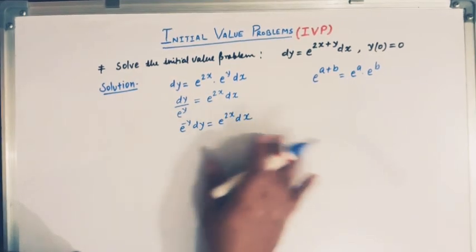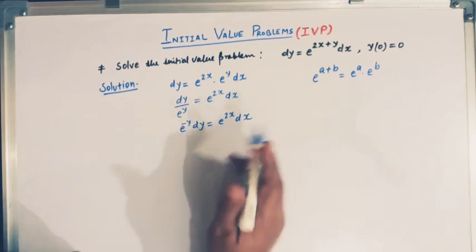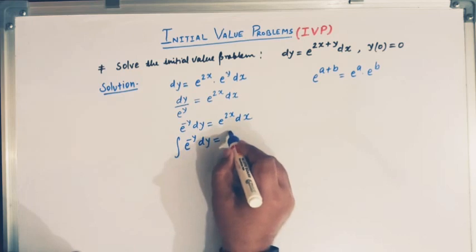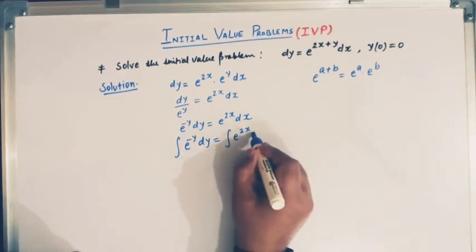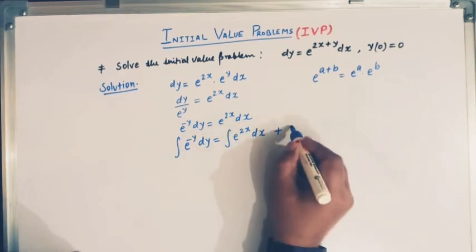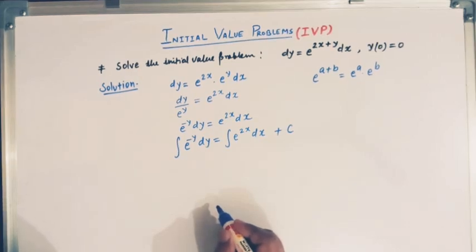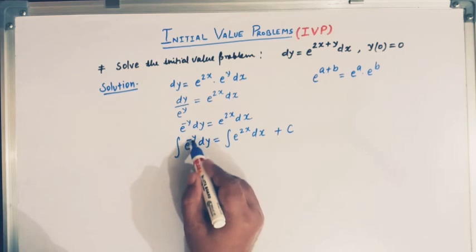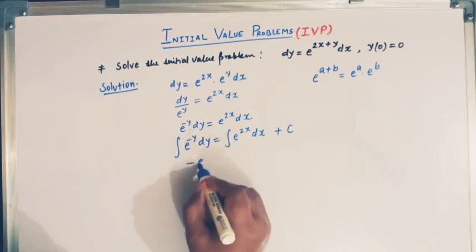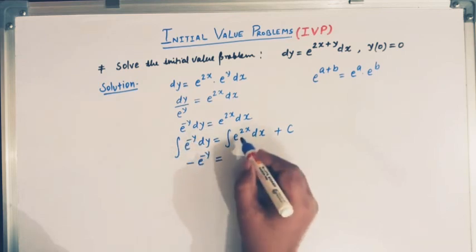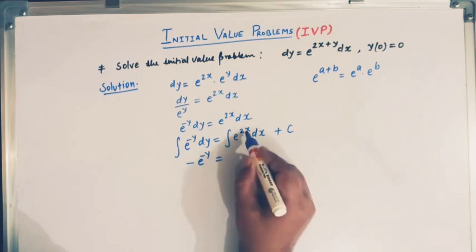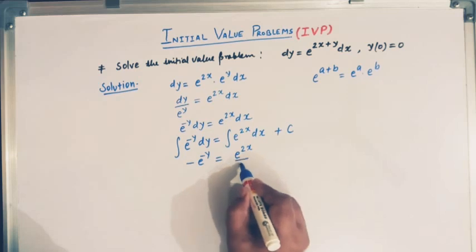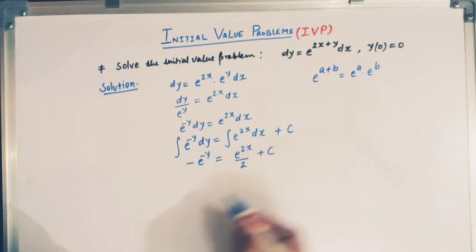Now we can integrate both sides. So integrating both sides, we have this expression, and here we have the constant of integration as c, right? Now the integral of e raised to minus y is minus e raised to y, and the integral of e raised to 2x is e raised to 2x divided by 2 and plus c, right?